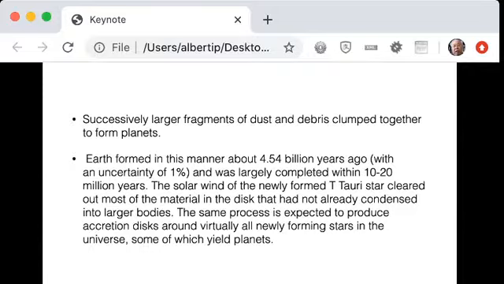When the star lights up, our sun lights up, the solar wind will blow off many of the gases close to it. So our inner planets will not have all the gas, whereas the outer planets will have more of the gas.